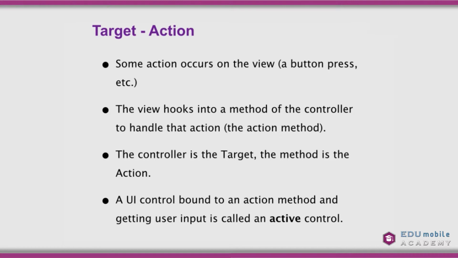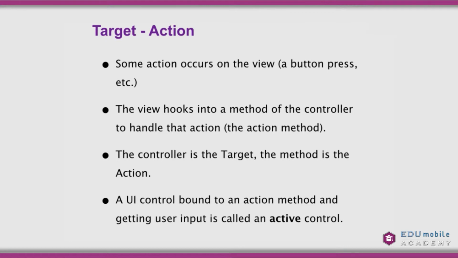The view will hook into a method of the controller to handle that action, and this is called the action method. The controller class is the target. The method is the action. And this is why we call this target action. The view control has a target, the controller, and an action, the method that's going to handle the control.